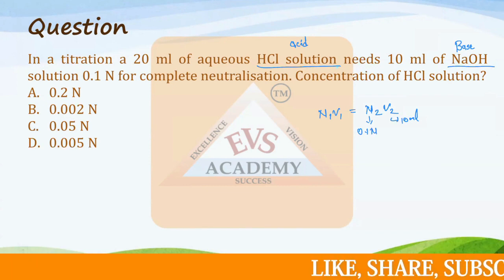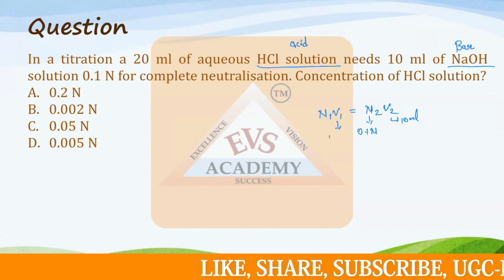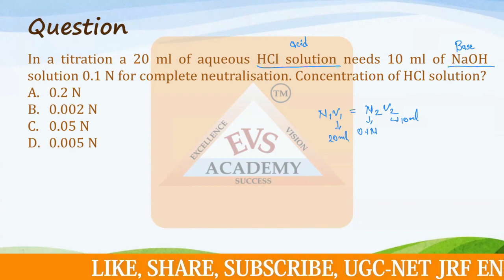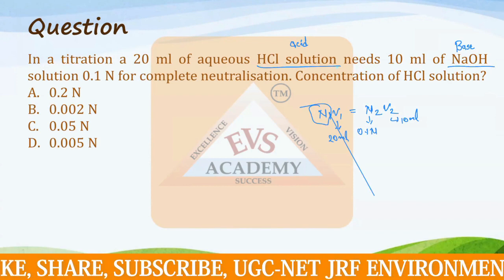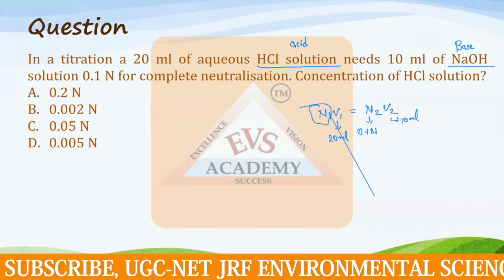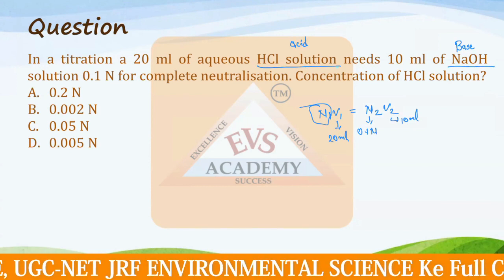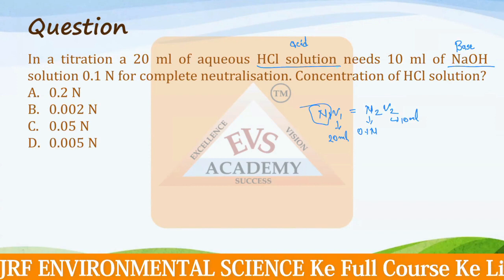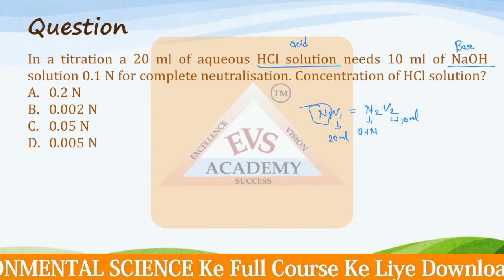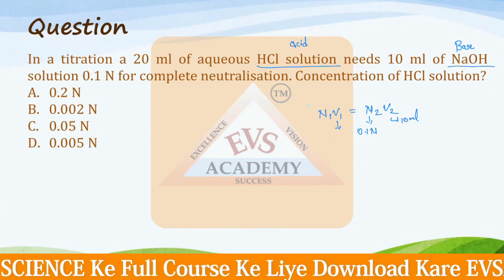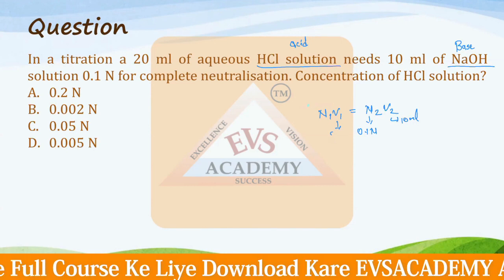Now 20 ml of HCl solution. It means V1 is also provided. Now you have to just calculate this N1 and your problem is solved. V1 is 20 ml.